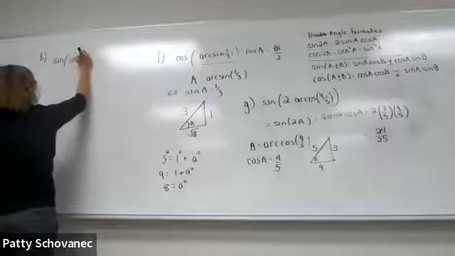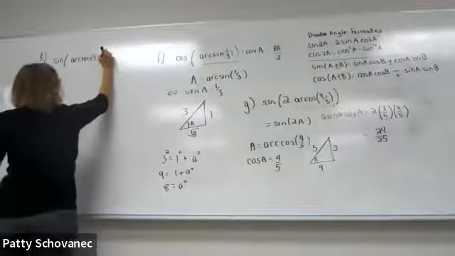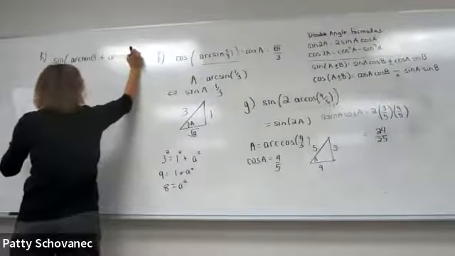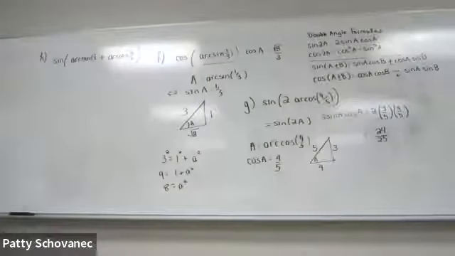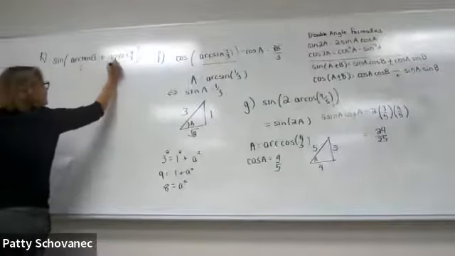I have the arctangent of the square root of 3, and the other angle is the arc cosine of 4/5. Since they're two different angles, I'll use two different letters. I'm going to call this one angle A and that one angle B.